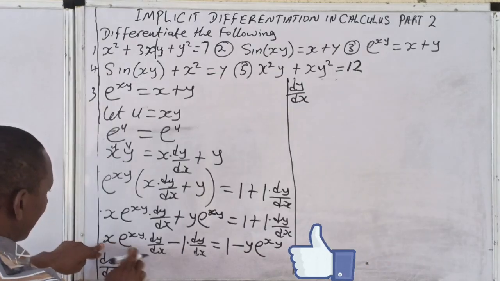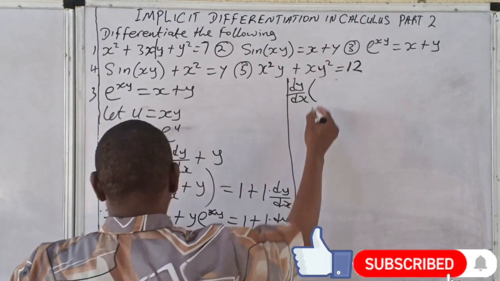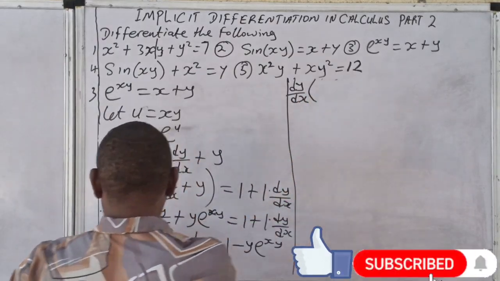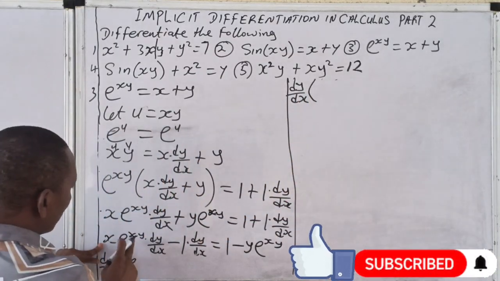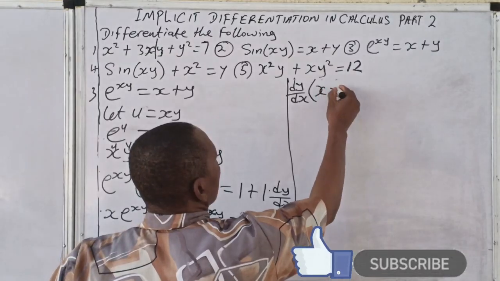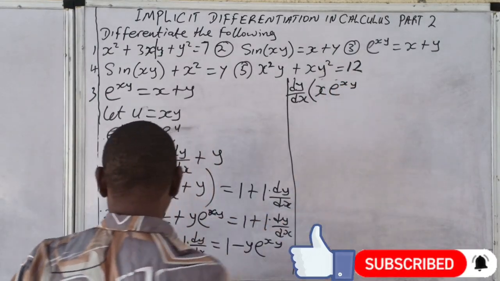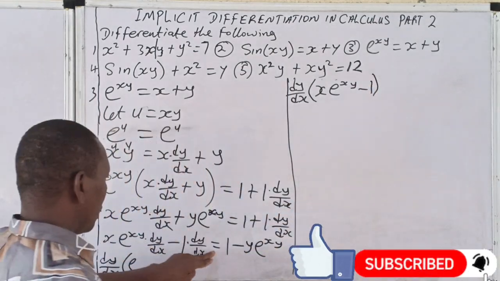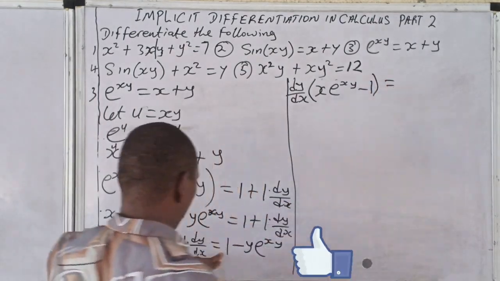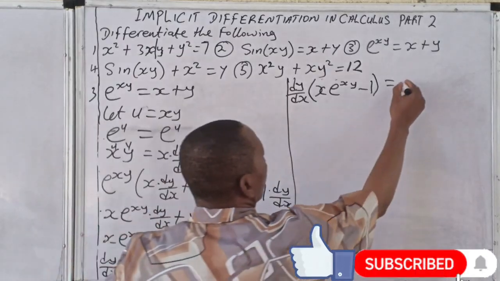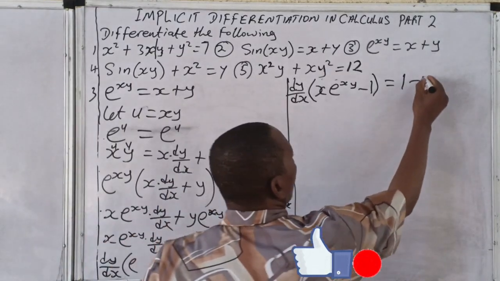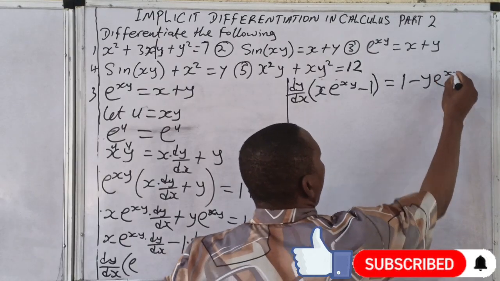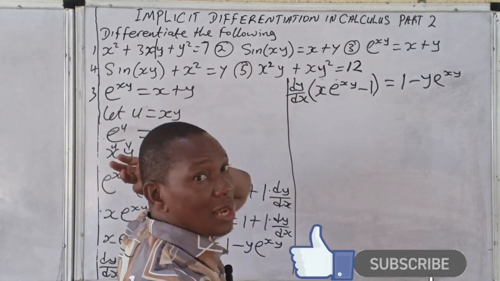You now have this here, write this here, bracket x e^(xy) minus 1 equal to 1 minus y e^(xy).